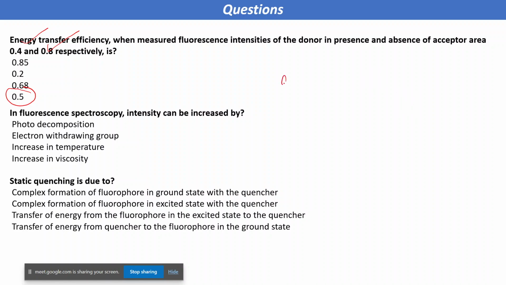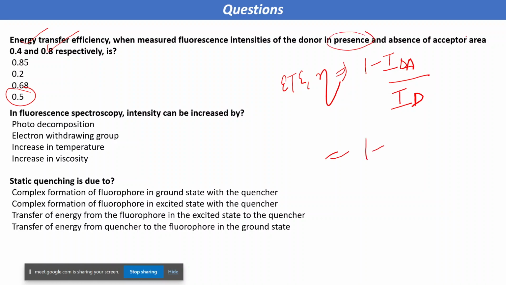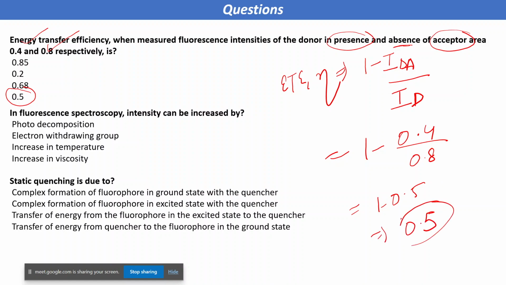Energy transfer efficiency is equal to 1 minus the fluorescence intensity of donor in presence of acceptor divided by the fluorescence intensity of donor alone. In the question, the intensity of the donor in the presence of acceptor is 0.4, and in the absence of acceptor, that is donor only, it is 0.8. So 1 minus 0.5 comes out to be 0.5. So the correct answer will be 0.5.